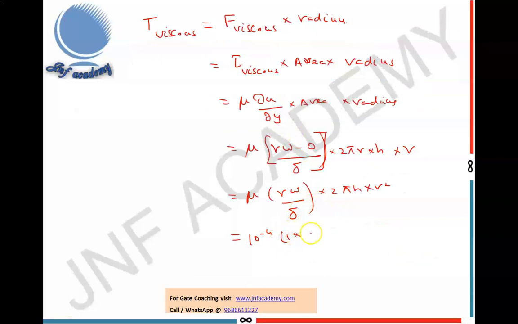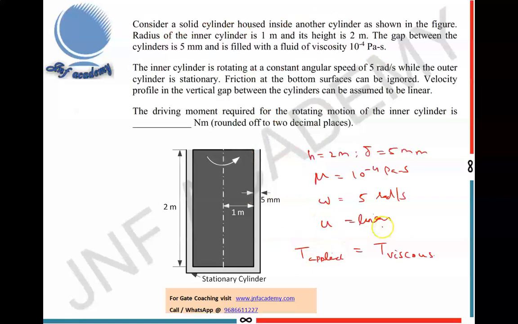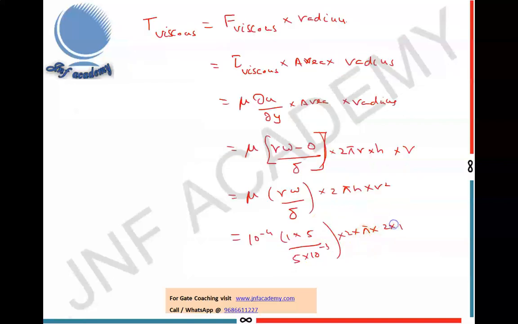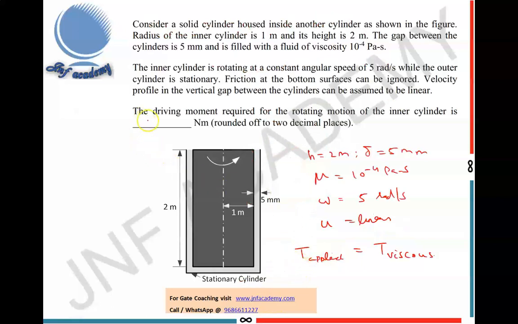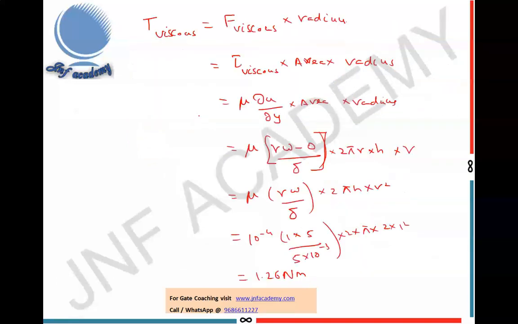Omega is given as 5, delta is given as 5 mm, so 10 to the power minus 3, into 2 into pi into h, which is 2, into 1 squared. Finally you will get 1.26 Newton meter. So the answer is 1.26 Newton meter.